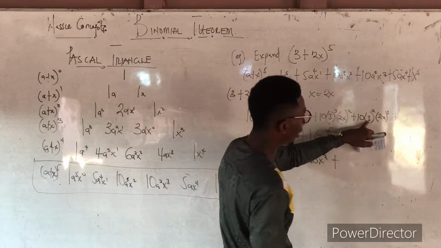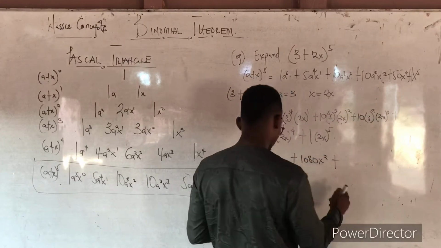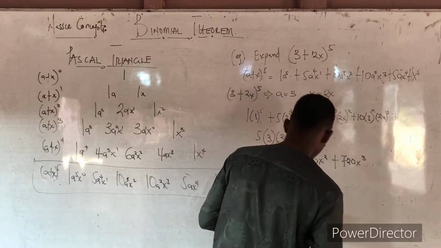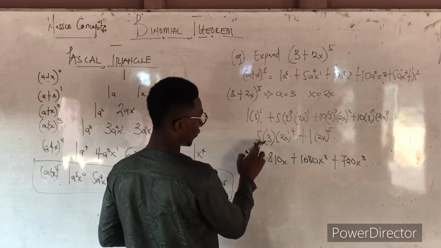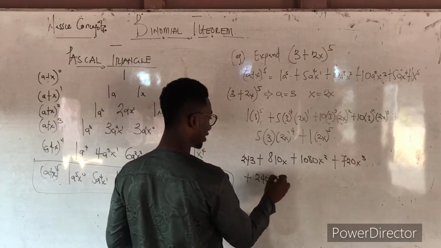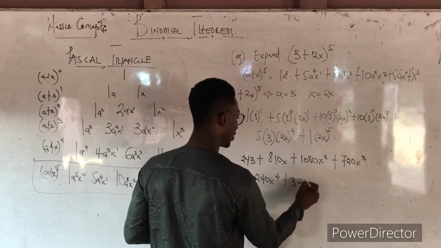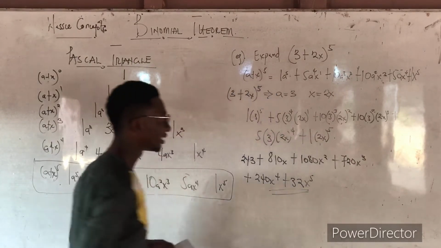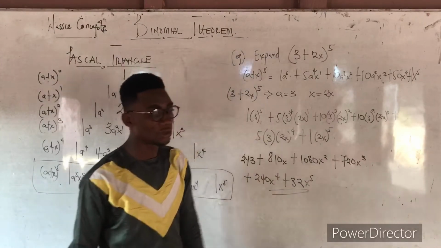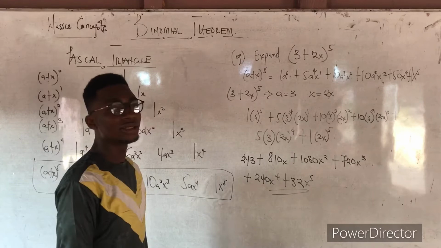And 3 squared times 10 times (2x) exponent 3, when you do this, you are getting 720x cubed. And plus 5 times 3 times (2x) exponent 4, when you do this, you are getting 240x exponent 4. And the last one, you are getting 32, 2 exponent 5, x exponent 5. So 32x exponent 5. And this is how we are using the Pascal's triangle to expand this particular equation, that's (3 + 2x) exponent 5.